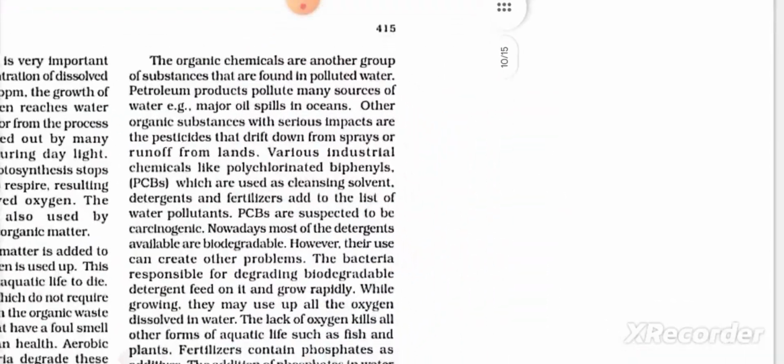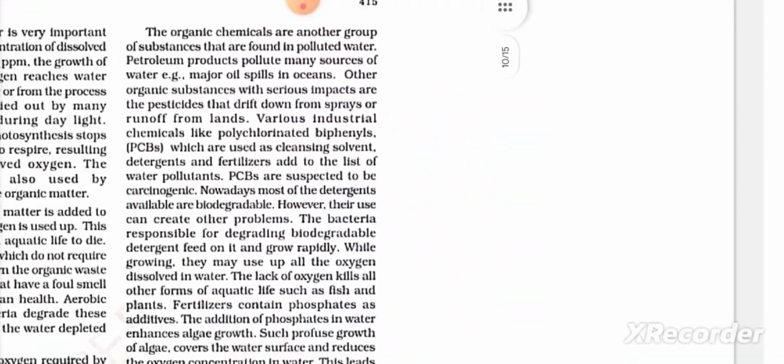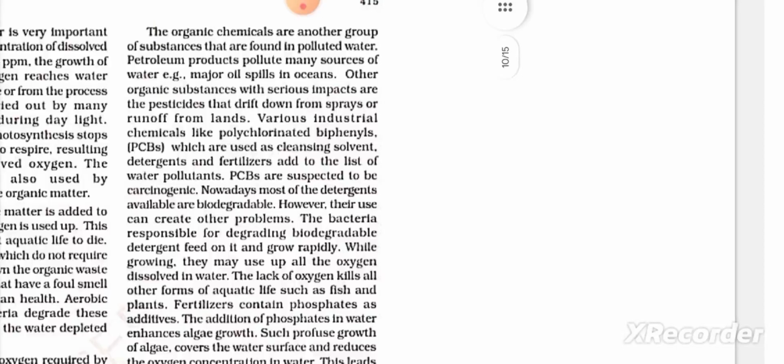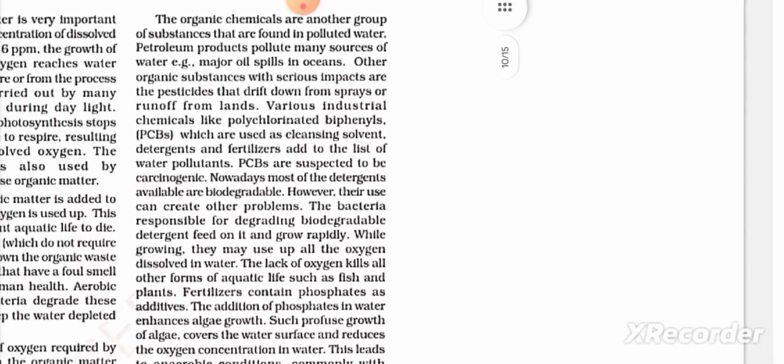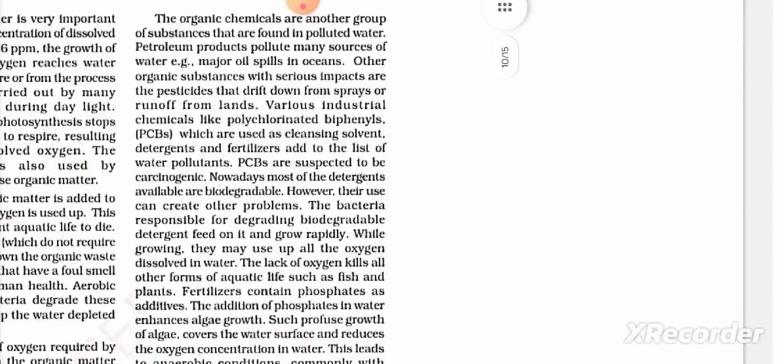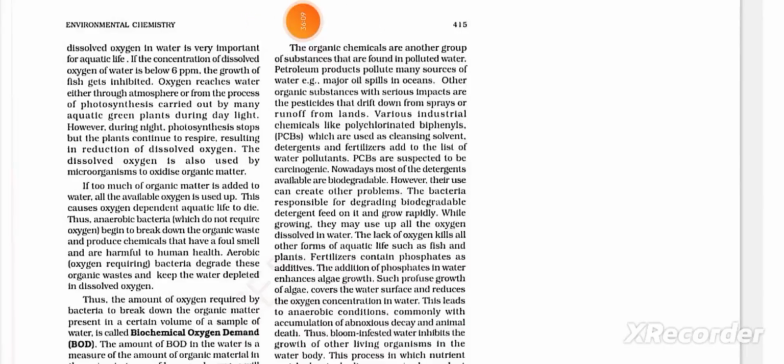pollutants. Organic chemicals are another group of substances found in polluted water. Petroleum products pollute many sources of water, such as major oil spills in the oceans.